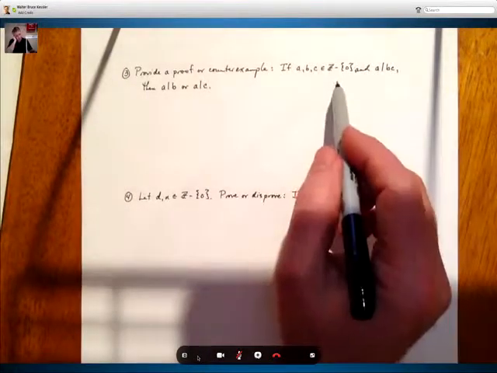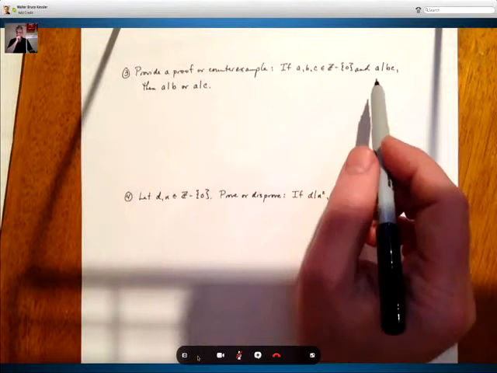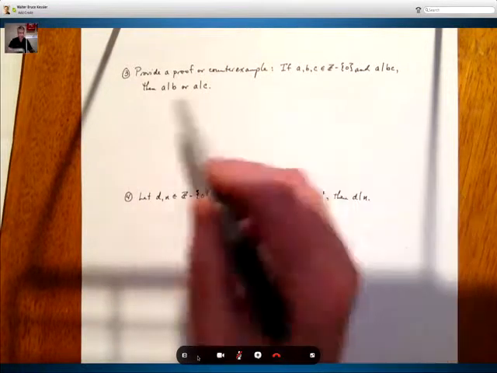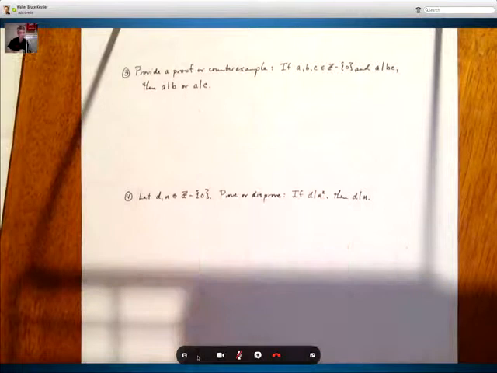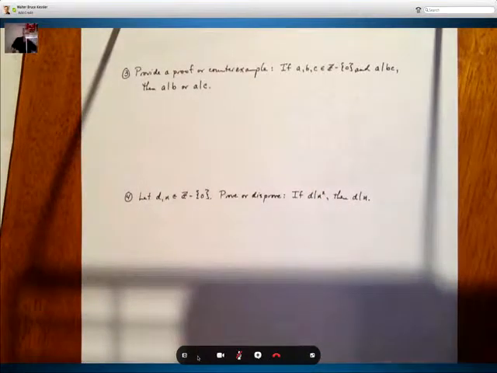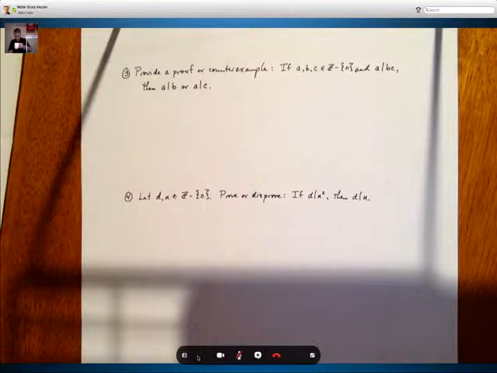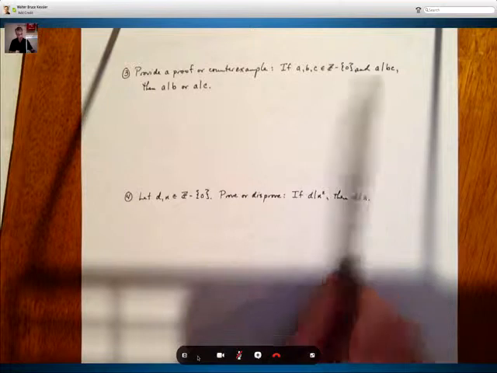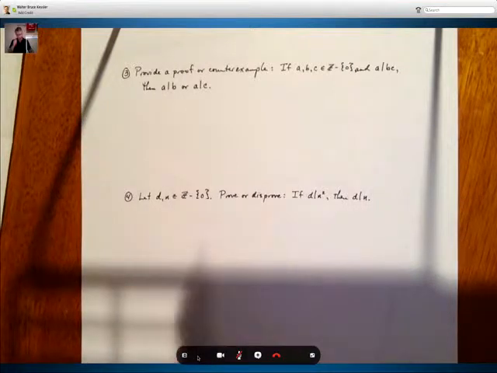Here are some non-zero integers, and if a divides b times c, then it has to divide either b or c. Well, I think I can get you a counterexample to this one. We have to be a little careful anytime we go down from a bigger number to dividing smaller numbers.